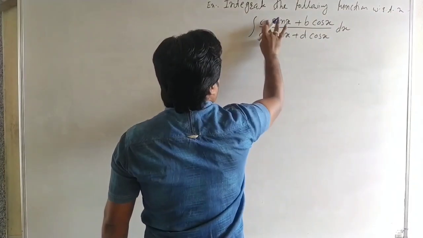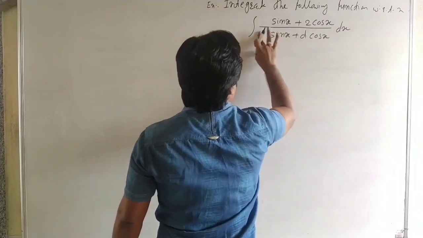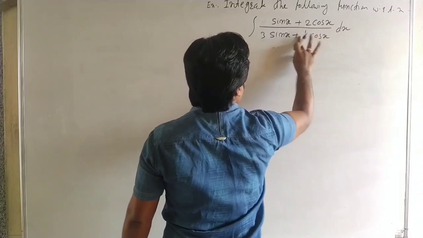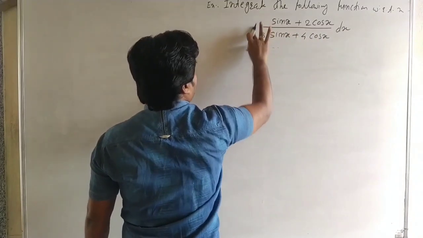Suppose a is replaced by 1, b by 2, c by 3, and d by 4. Our example is this.